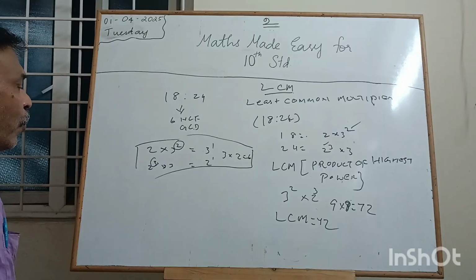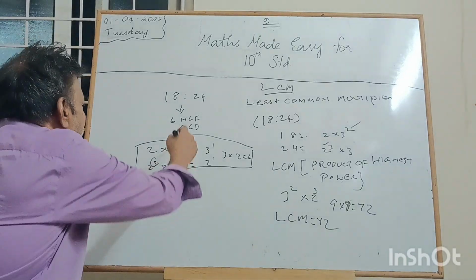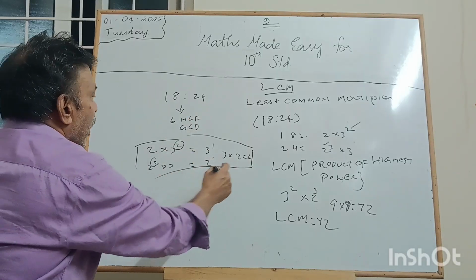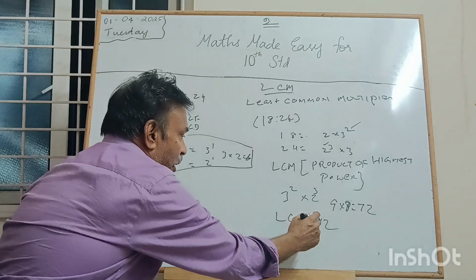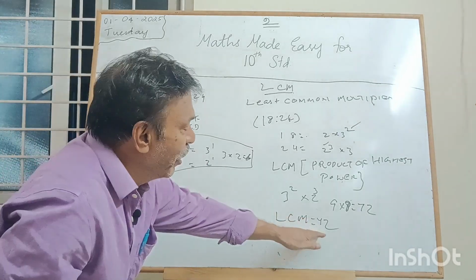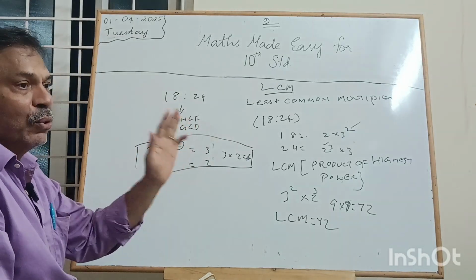Now, the problem with the students is that the highest common factor is 6 and the least common multiplier is 72. So the highest is 6, the least is 72. That is the confusion among the students.